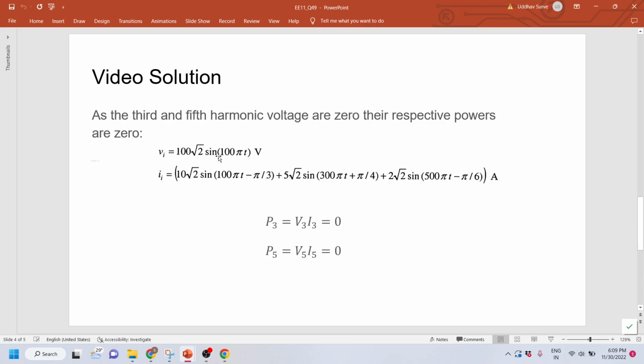And if you go by the literal definition of power, if you just simply multiply V and I, you will come to know that only the active power is caused by these first two components. If you multiply this V with this I, you will see the multiplication of this V with the second and the third term will result in an oscillating power whose average value will be 0. So the real power which we talk about here is the average power, because this is a single phase supply.